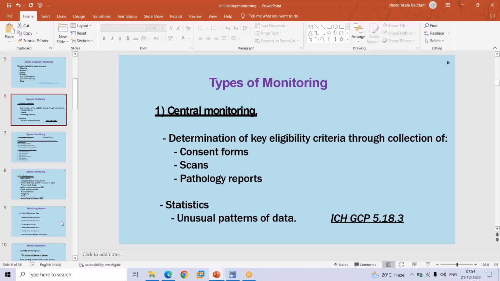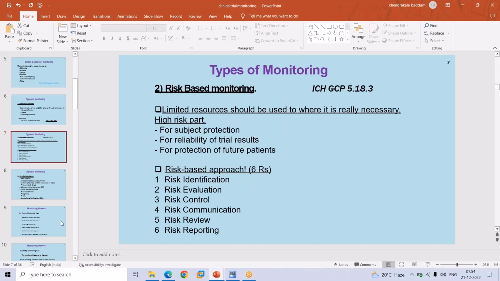This eligibility criteria will be determined by collecting the consent form, by screening all the patient medical records, scans, X-ray, ECG, pathology reports, patient surgical notes, also statistics, unusual patterns of the data. So we'll check these. In risk-based monitoring, limited resources should be used where the monitoring is really required and important.